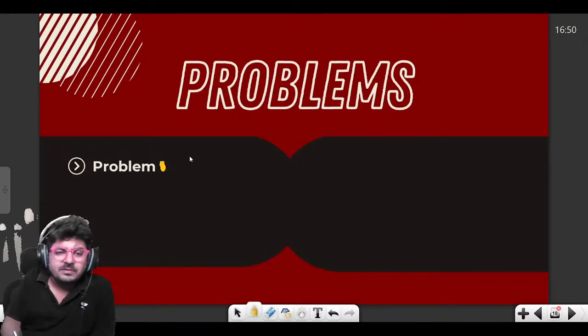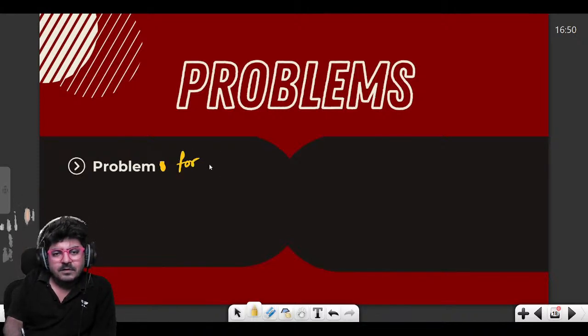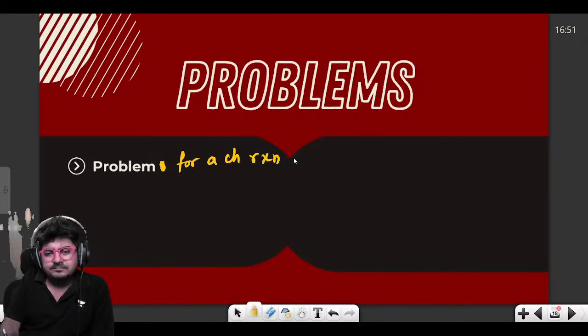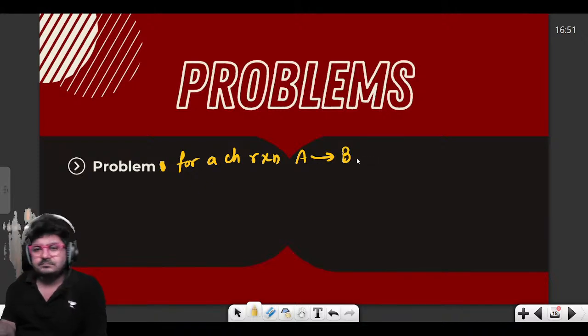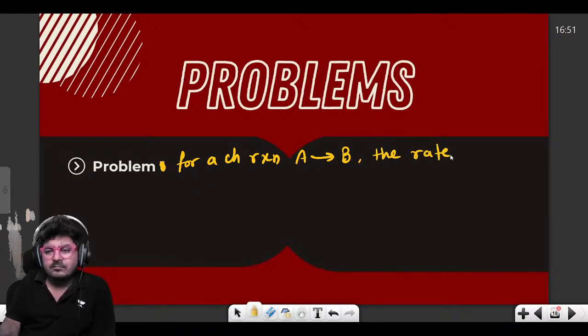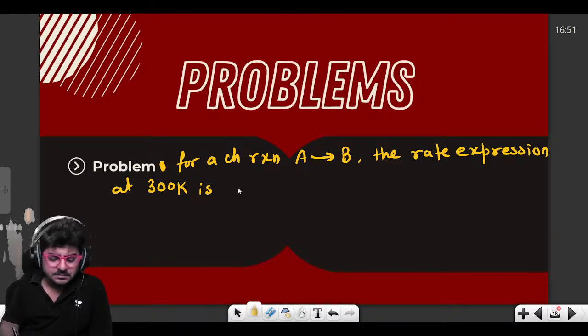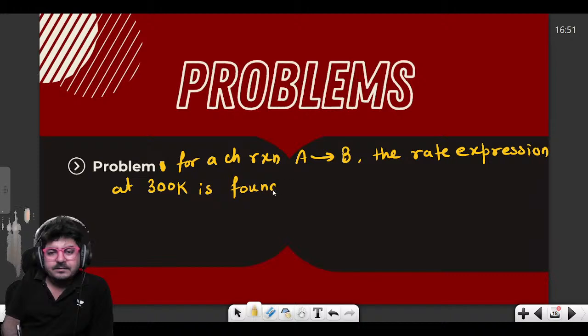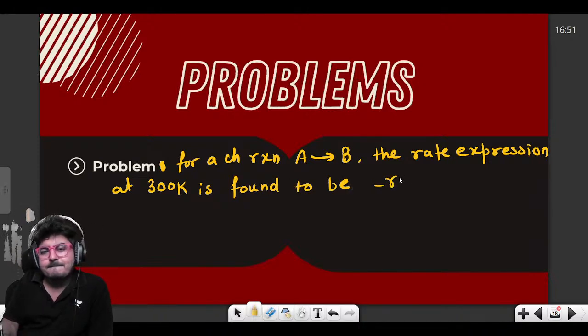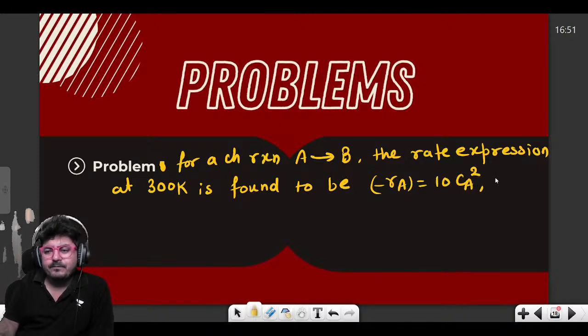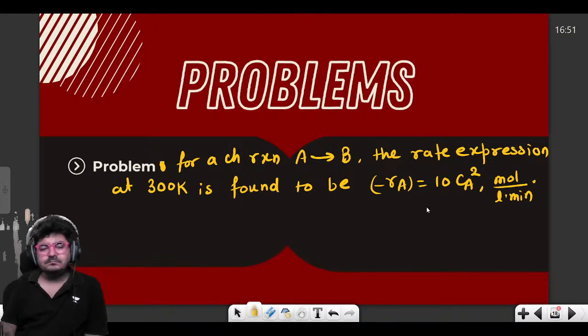Now, let's try another problem. For a chemical reaction, the rate expression at 300 Kelvin is found to be 10 CA square mole per liter per minute.